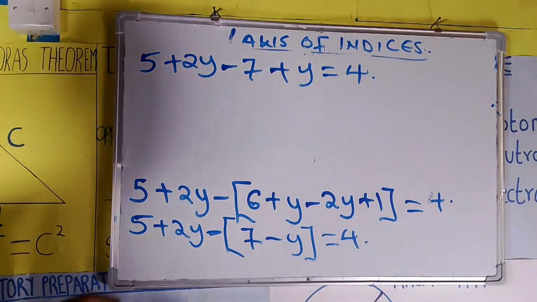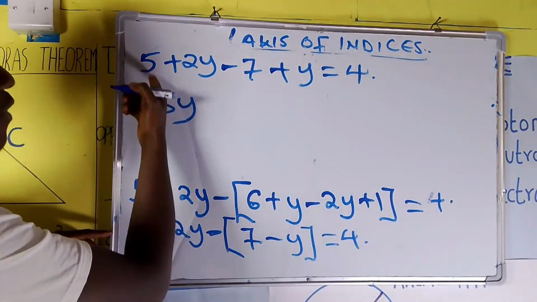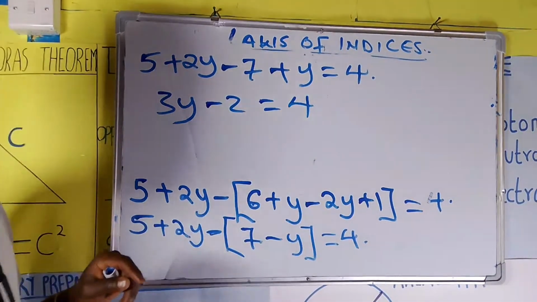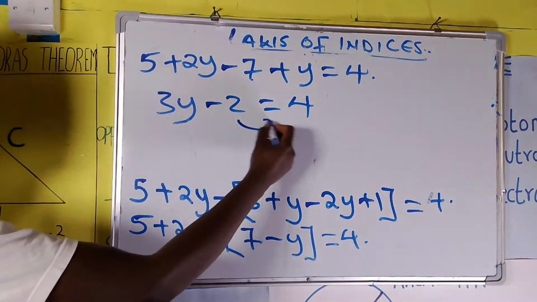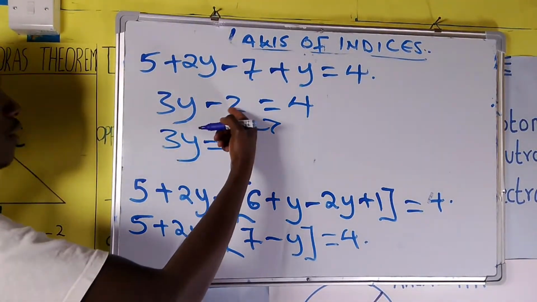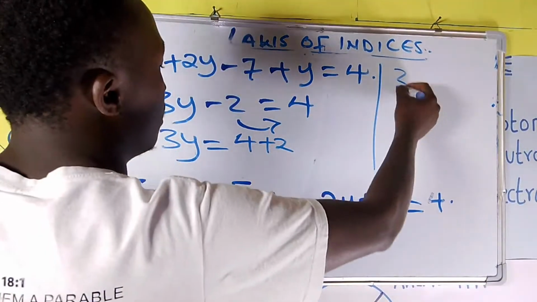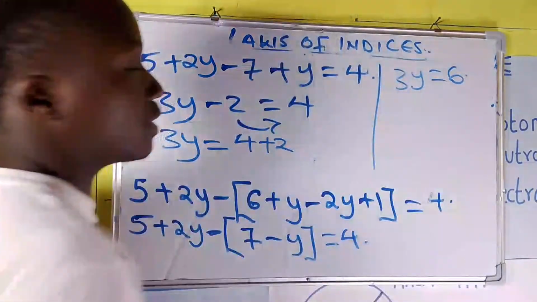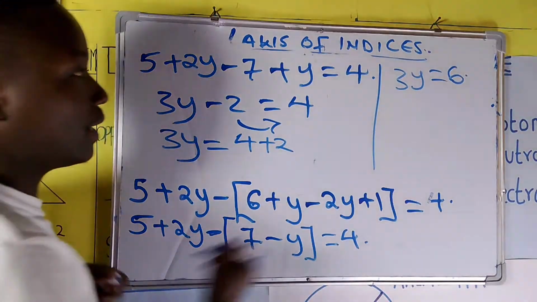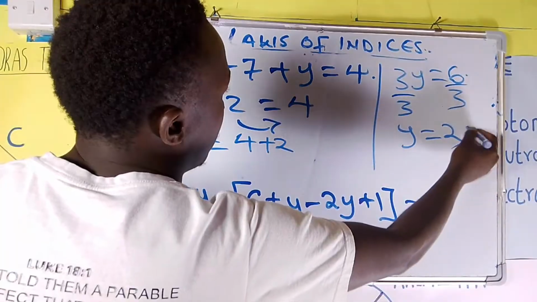Then put the right terms together. 2y plus y is equal to 3y. 5 minus 7 is equals to negative 2 is equal to 4. Then we take negative 2 to the other side of the equal sign. We will have 3y is equal to 4 plus 2, which is equivalent to 6. So 3y is equals to 6. Having 3y is equal to 6, we divide both sides by 3, and we will get our y as 2.